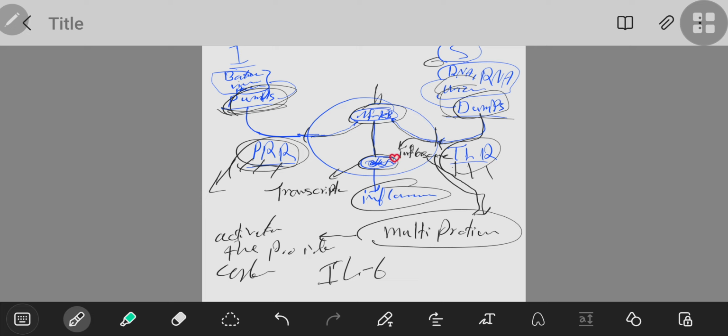I told you, it's activated and then goes down to the pro-inflammatory gene, and then transcribes the gene or the DNA, and then leads to inflammation. What is the role of inflammasomes and the definition of inflammasomes?